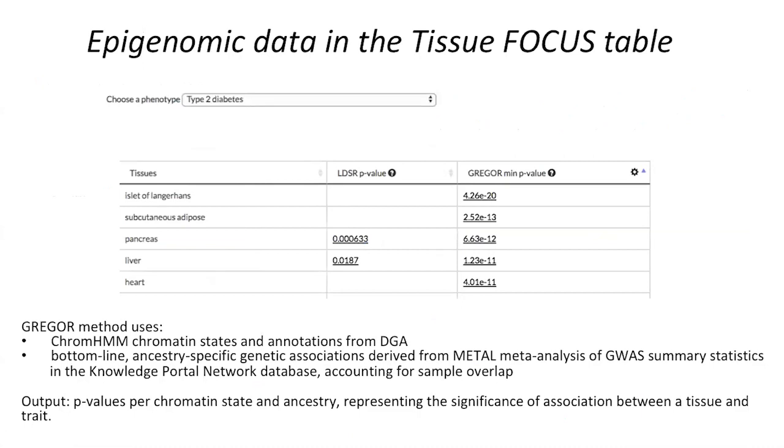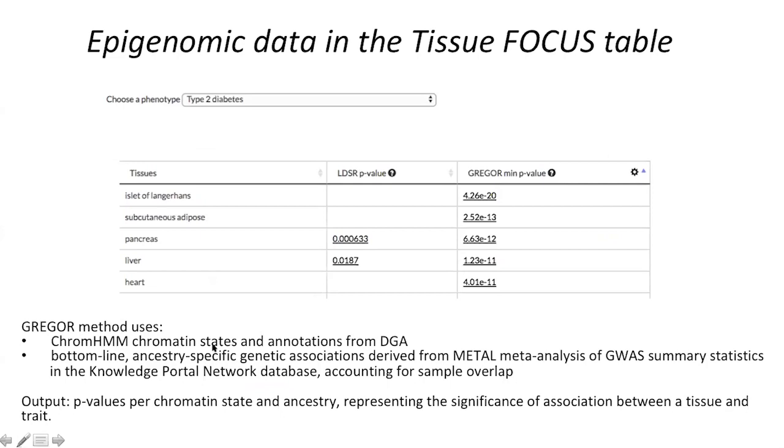Okay, and finally, the tissue focus table is the last place right now where there are epigenomic data in the T2D portal. This is a table that displays the results of several different methods. But the one I want to focus on is GREGOR right now because it uses the epigenomic data as an input.